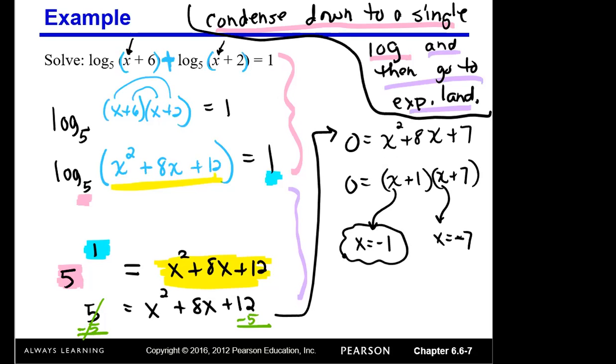But when you plug in -7, -7 plus 6 is -1, and that won't check. So I would have to cross out this one. It doesn't check. It causes a log of a negative. So that should be my only answer.